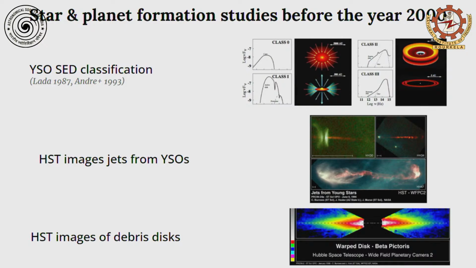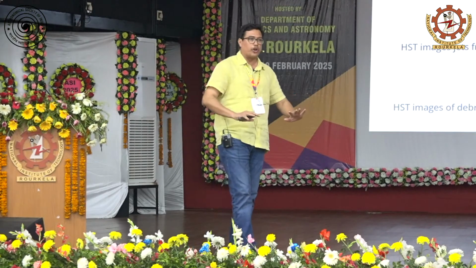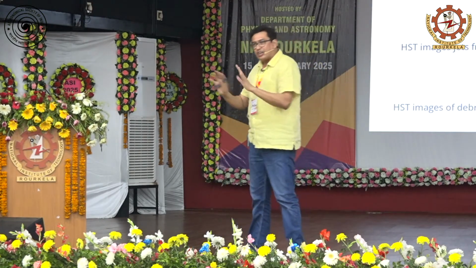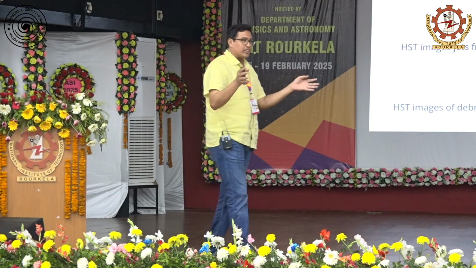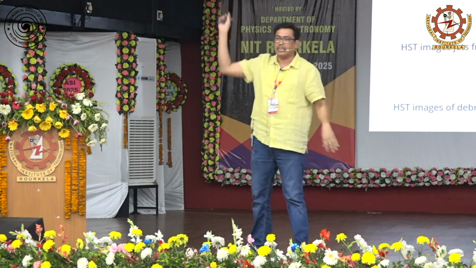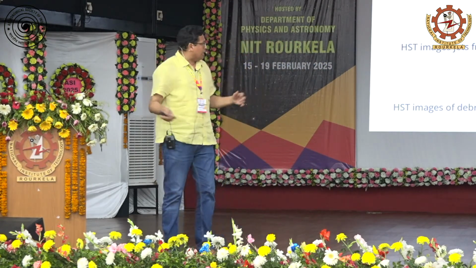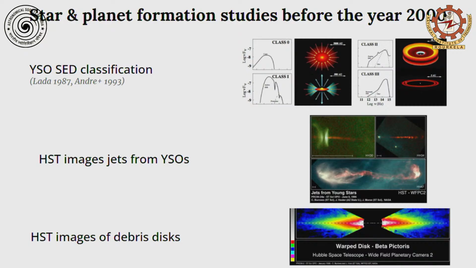And HST was launched in 1990, and by the mid to late 90s, HST had already imaged jets from newly formed stars. HST images of debris disks also laid to rest any speculation about whether disks exist or not. So by the turn of the new millennium, we knew that young stars have disks and they drive jets, and there are outflows, etc.